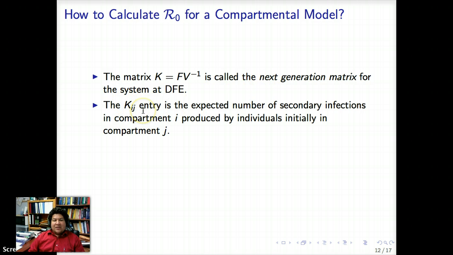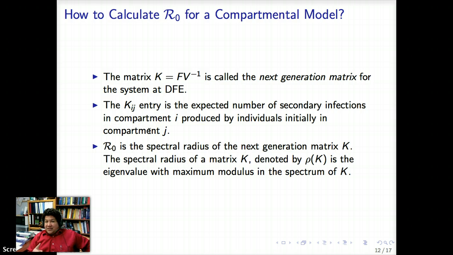The ij entry, the ith jth entry of K, is the expected number of secondary infections in compartment i produced by individuals that were initially in compartment j. Okay, R0, the basic reproductive number, is the spectral radius of the next generation matrix. The spectral radius is denoted as rho of K, and we're referring to the eigenvalue that is the largest in modulus.